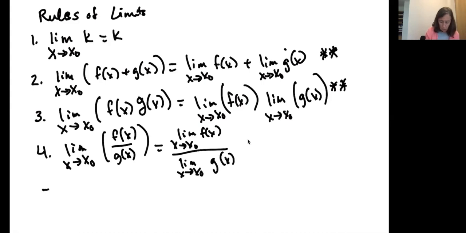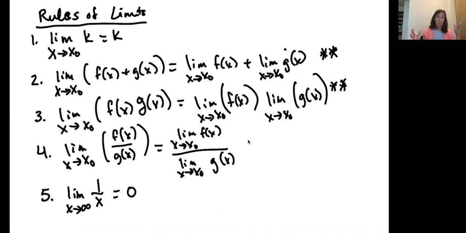And then rule 5, the limit as x goes to infinity of 1 over x is 0. Okay. So those are 5 rules that can get us off the ground and take quite a few limits of more complicated expressions with them.